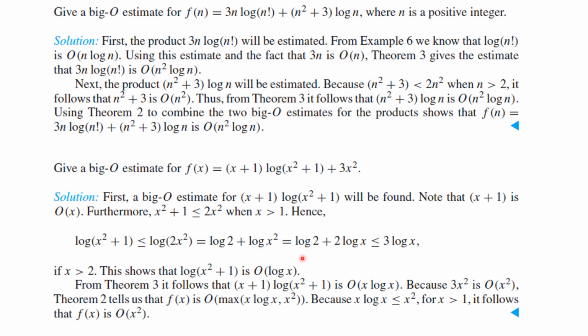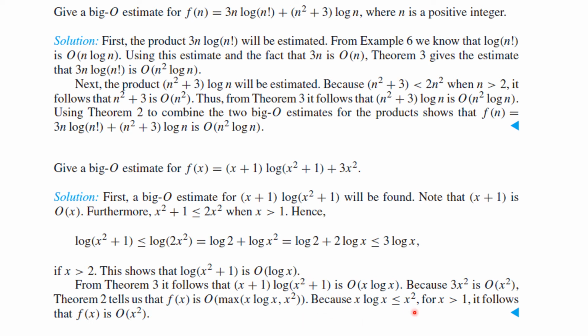So if I combine this expression with the other expression, I can say this is less than or equal to 3 log x if x is bigger than 2. This shows that the logarithm of x squared plus 1 is big O of log of x.